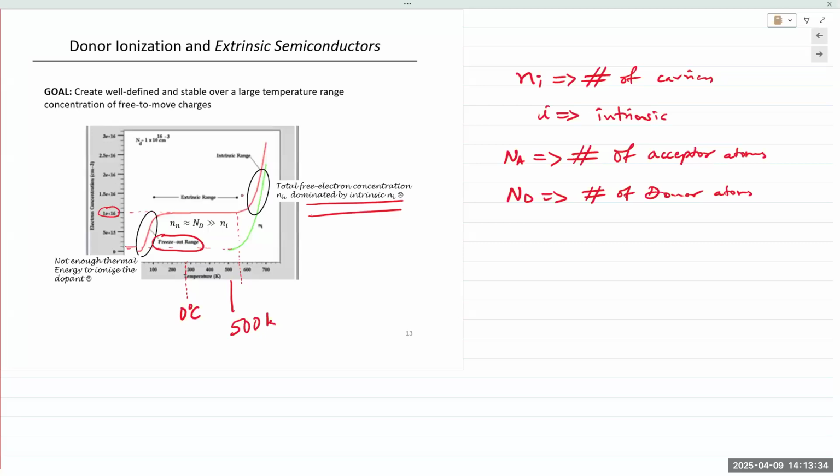So from that point on, the intrinsically generated carriers will now number in huge quantities, and they will be far larger than the externally introduced dopants. Okay, and so that's what this chart indicates. Right here in the middle, you have the doping. So beyond 550 K, the number of intrinsic carriers will be far larger than the doped material.